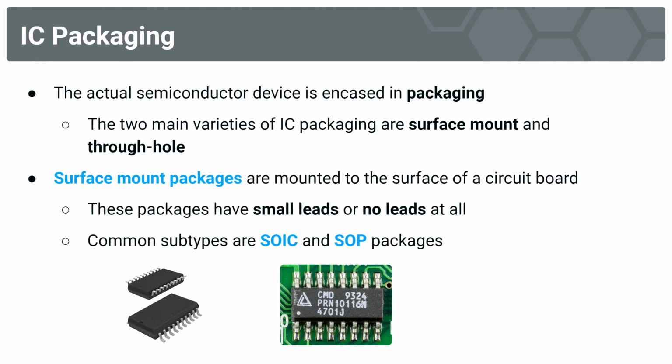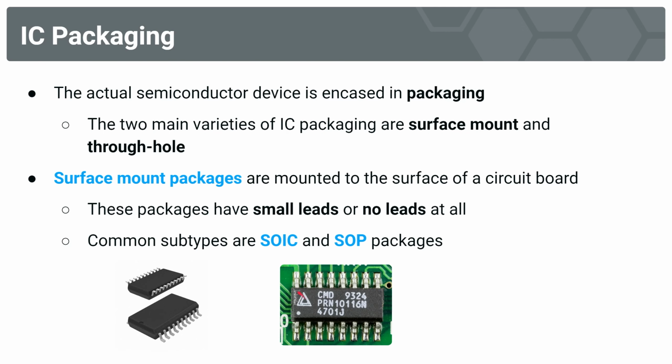So ICs, while having the same functions, can come in a lot of different form factors. The actual semiconductor device is encased in what we call packaging. Now, this packaging comes in two main varieties, surface mount and through-hole. Surface mount packages are mounted to the surface of a circuit board.